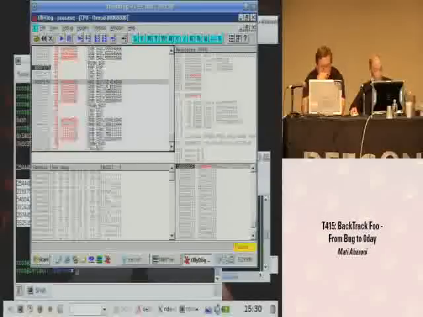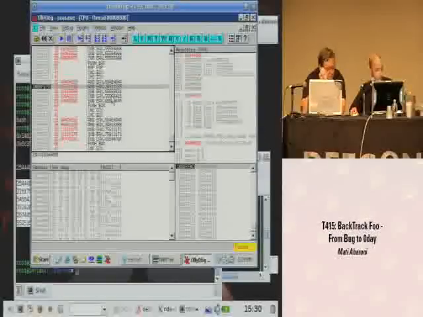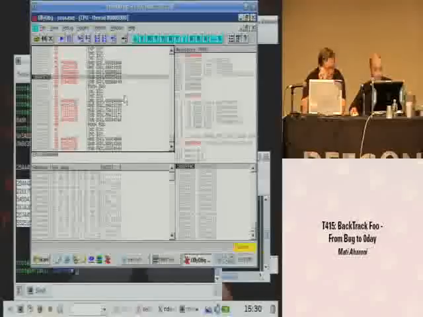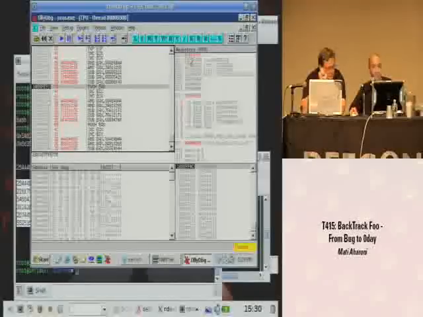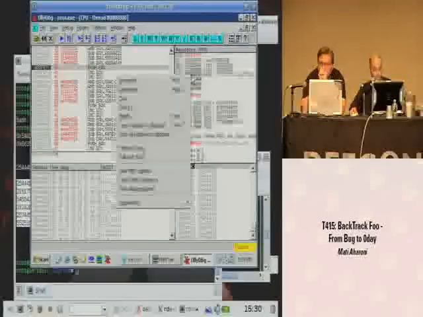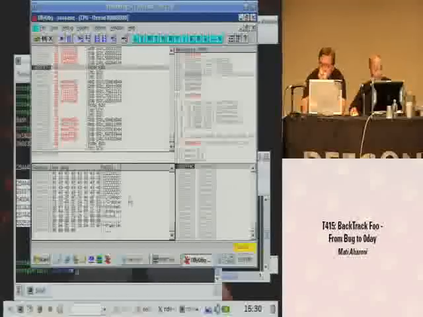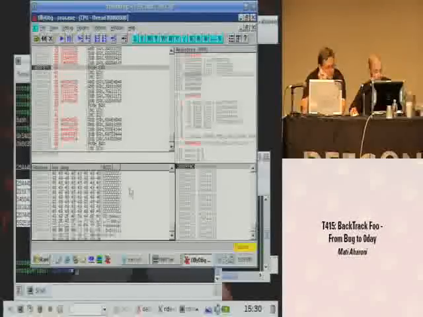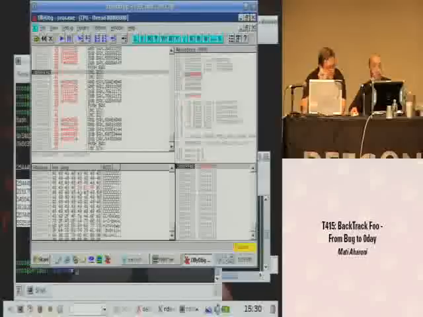So again, the first two lines, zero out EAX. These are the last 4 bytes of our egg hunter shellcode. We push these onto the stack, and there you have them.